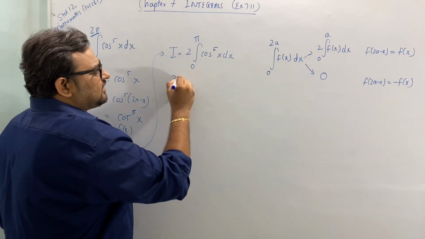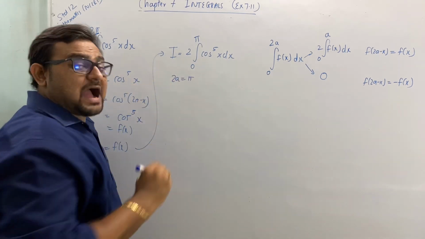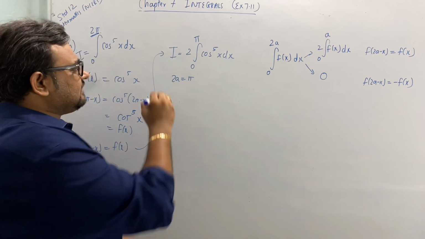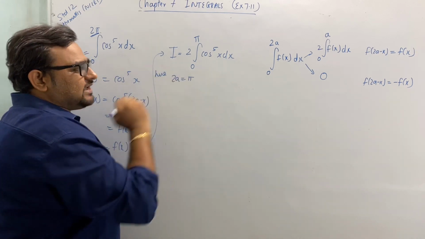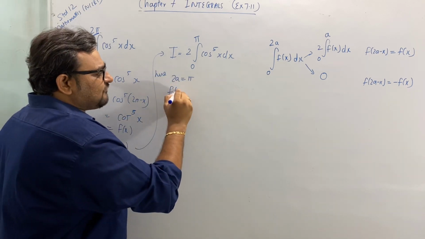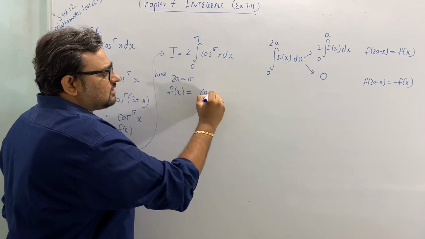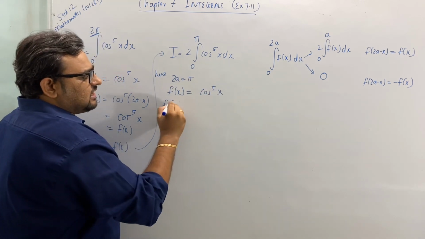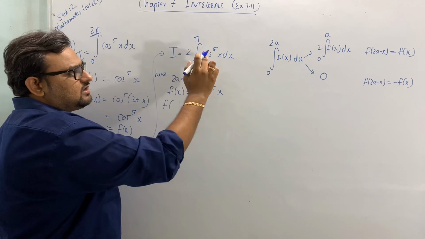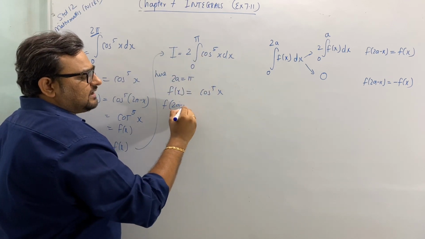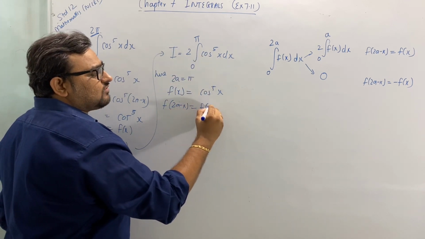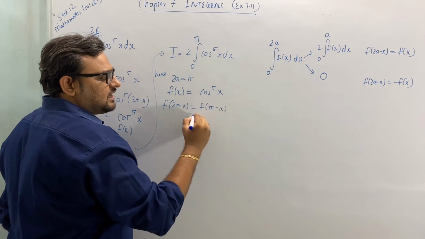When we take 2a is equal to pi. Here 2a is equal to pi. Now what is f of x? Cos raised to phi x. So what is f of 2a minus x? That is f of pi minus x, right?